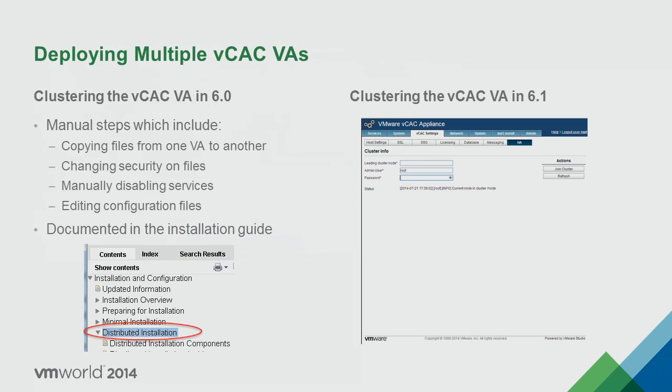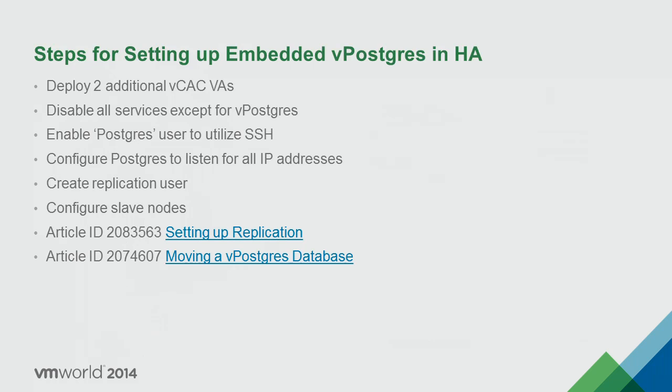If you wanted to set up the embedded vPostgres, we have a couple of knowledge articles out there to help you do that. But the process is basically deploying 2 additional vCAC appliances. It requires you to disable your VCO service and your VCA services that are through SSH. You have to do some user configuration on the Postgres user, making sure that they have SSH capabilities.